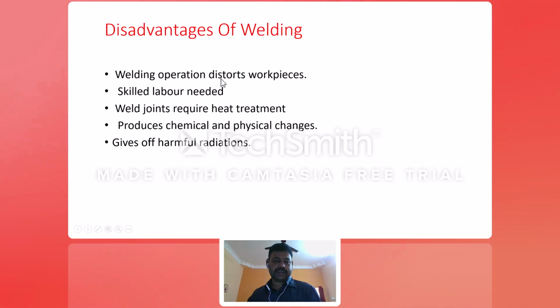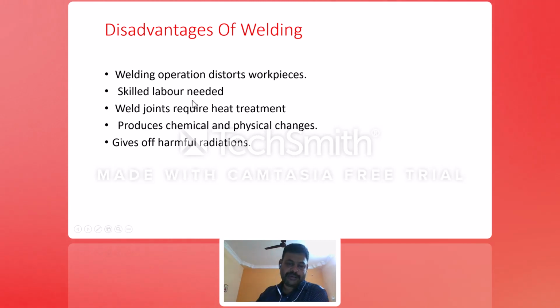Disadvantages: the operation distorts the workpiece. This is a big problem during the welding process because heat input is suddenly applied to the material. Therefore distortion occurs, but an experienced weld operator will control it.